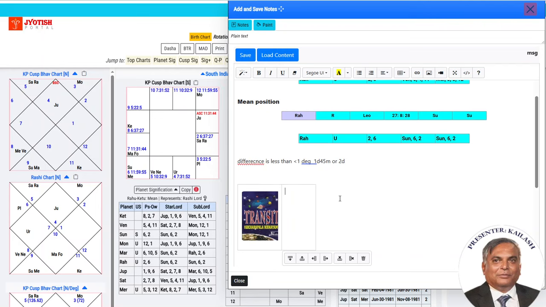According to the professor, pressure from the creditors happens when the combination is 5, 8 and 12. Bad houses generally are 6, 8 and 12. And good is 2, 6, 10 and 2, 6, 11. These combinations are good.